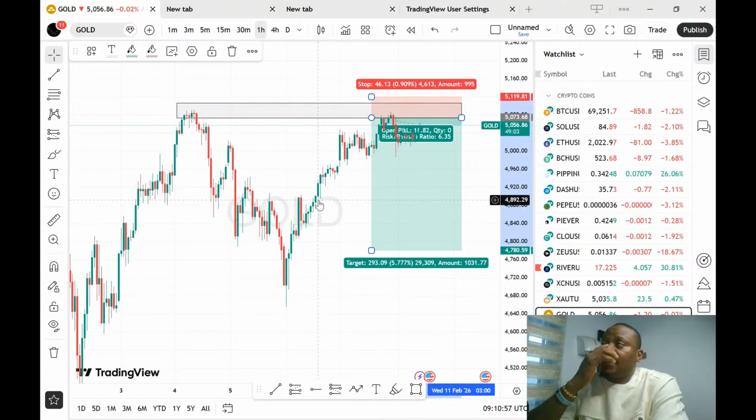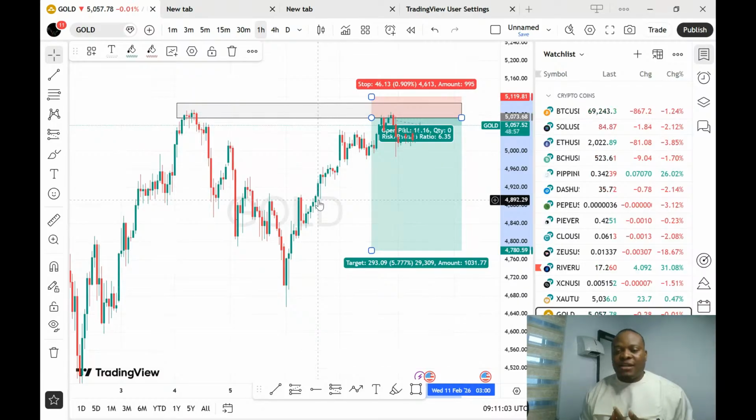Now, one thing you need to understand, I always tell people that are trading, don't be scared to make a loss. If you analyze your setup and it failed, there's nothing wrong. That's just how it is. It's not a must that you get every setup correct.